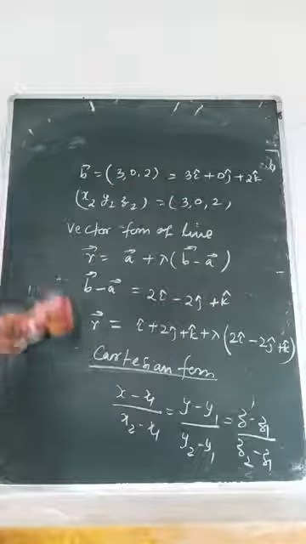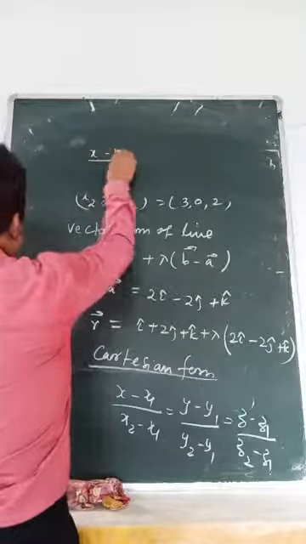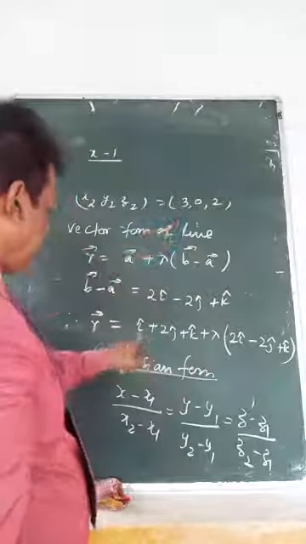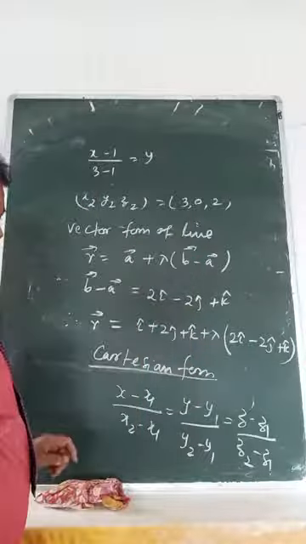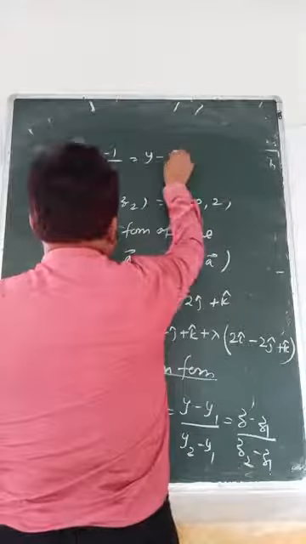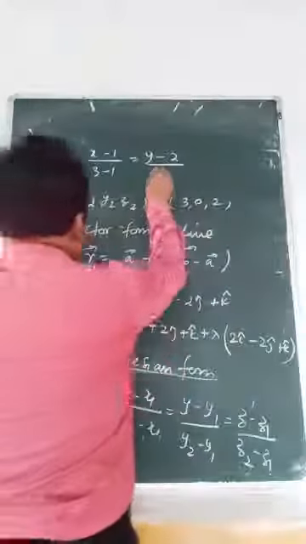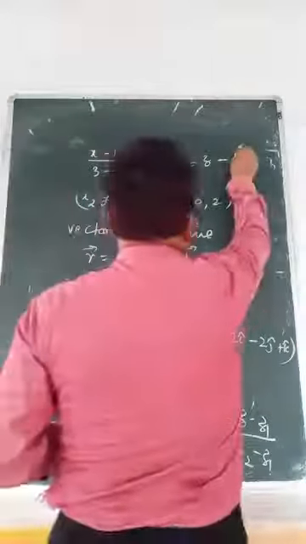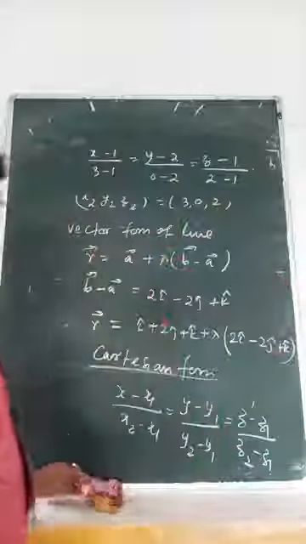Put the values. x minus x1 by x2 minus x1, that is 3 minus 1, y minus y1, y minus 2 by y2 minus y1, 0 minus 2, z minus z1, z1 is 1, you can check, points are given, this is 2 minus 1. So what did you get?